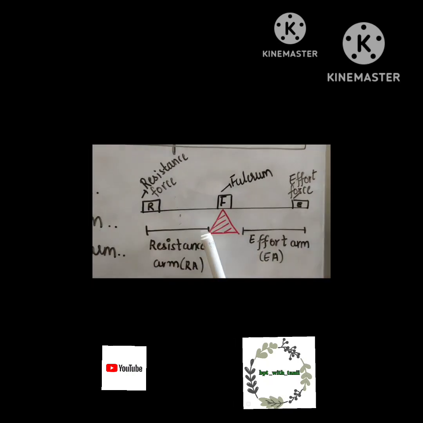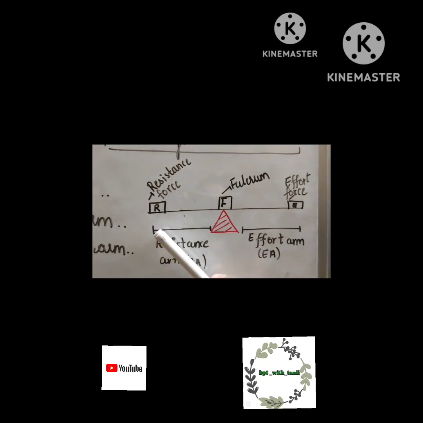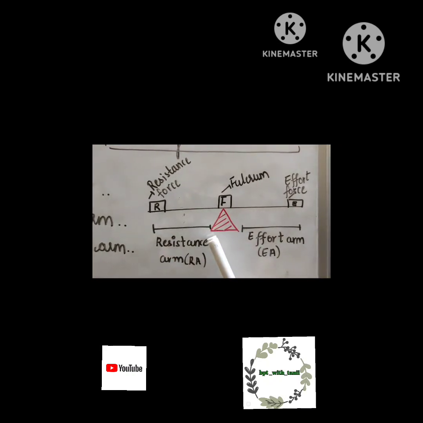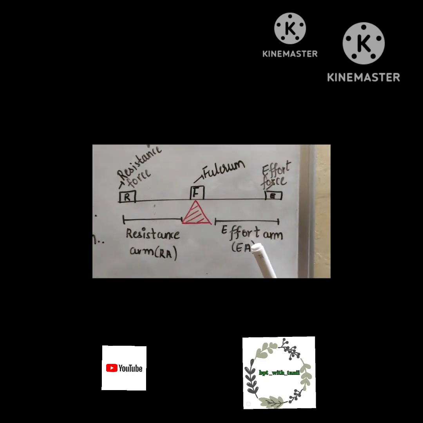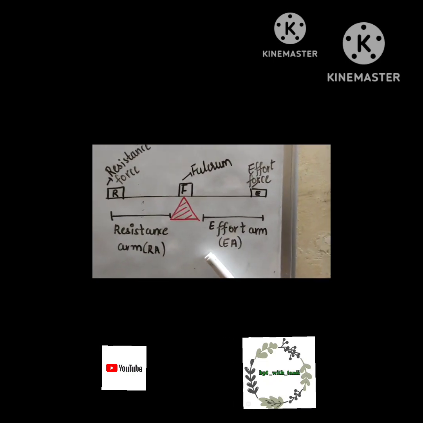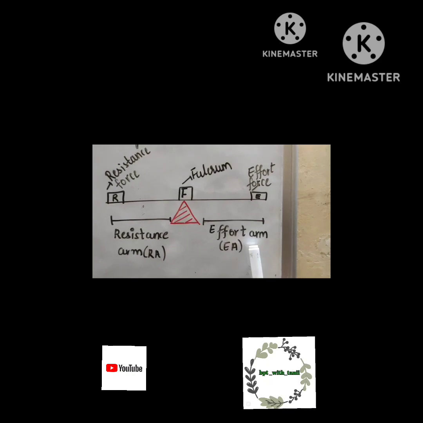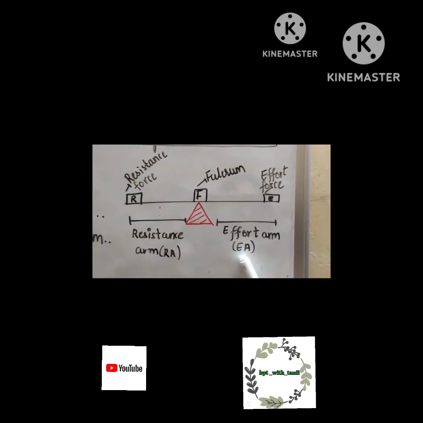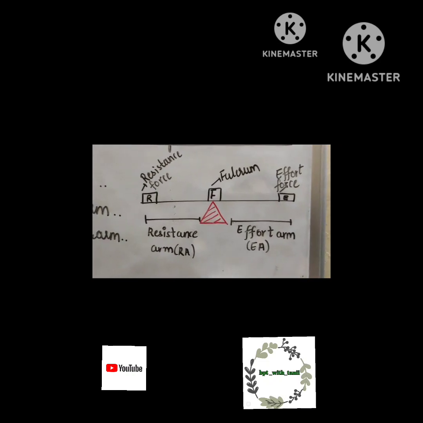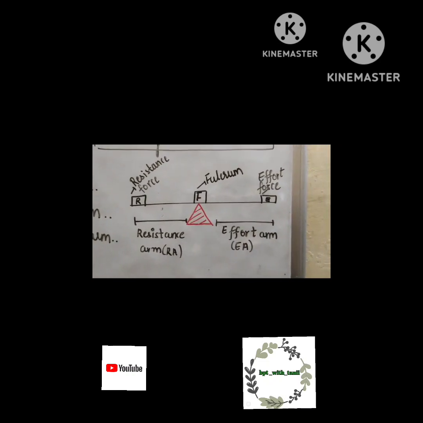The moment arm which is calculated from the resistance force up to the fulcrum is the resistance arm, and the moment arm which is calculated between the fulcrum and the effort force is the effort arm, or you can denote it by EA and RA in short forms.